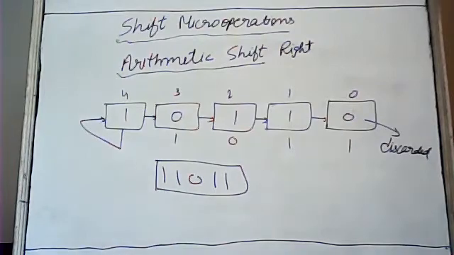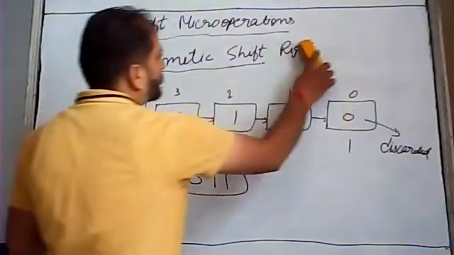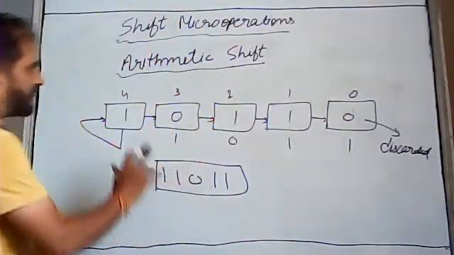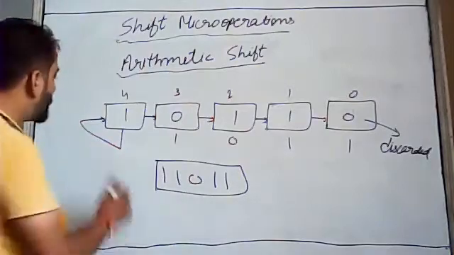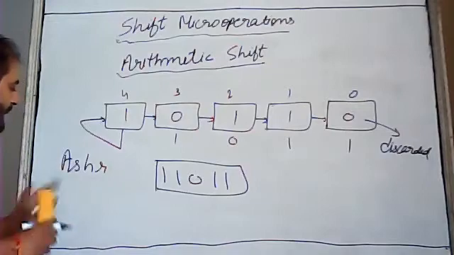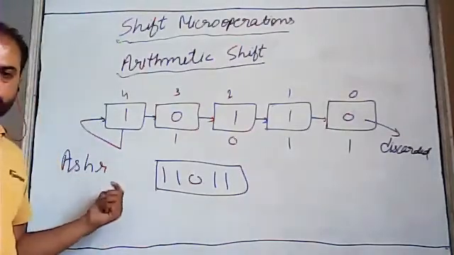The next is arithmetic shift left. And the symbol for arithmetic shift right is ASHR. ASHR means arithmetic shift right.